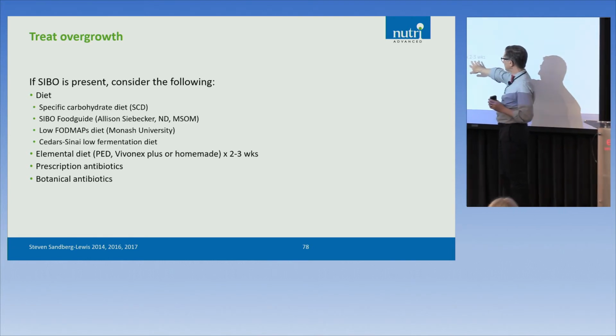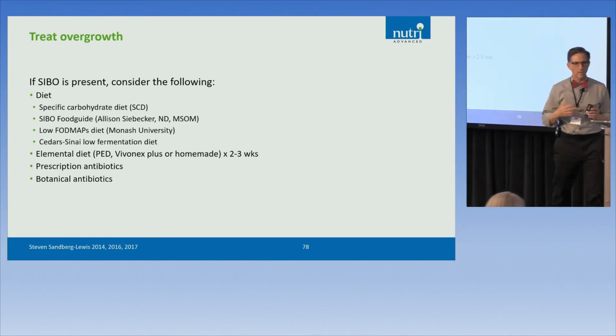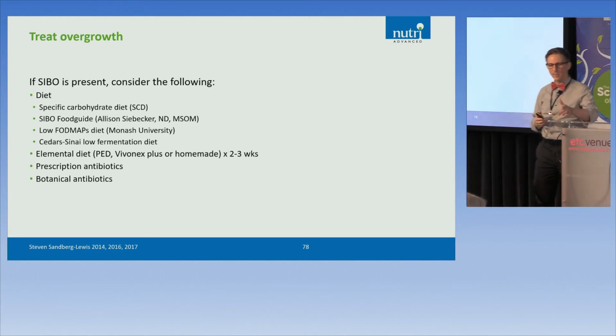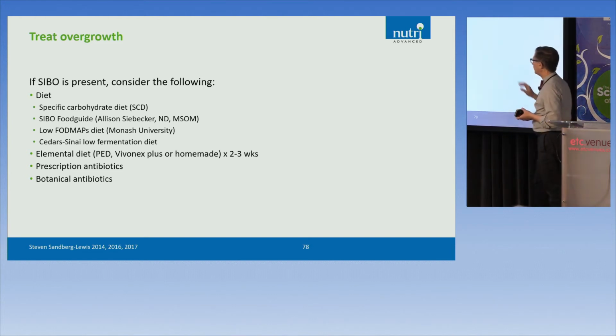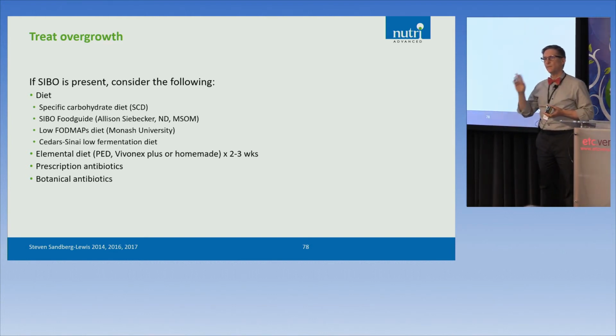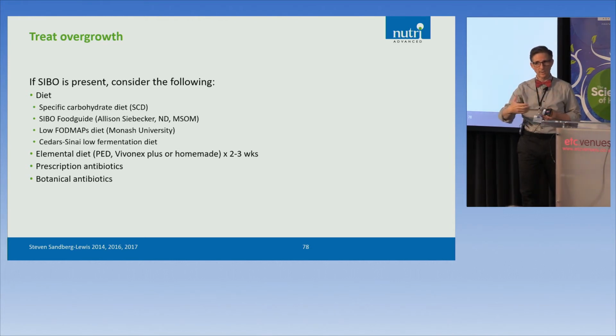Elemental diet, using truly elemental powders where there's nothing to digest. It's all elemental nutrients. For 2 to 3 weeks is an excellent treatment for bacterial overgrowth, assuming you've already addressed the underlying cause, so it won't just come back.